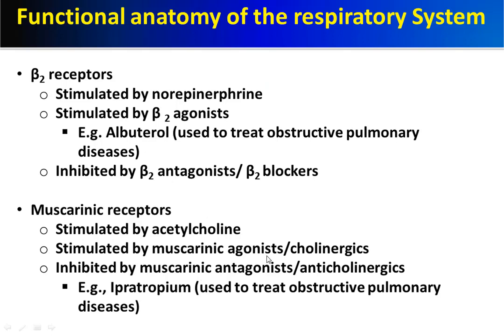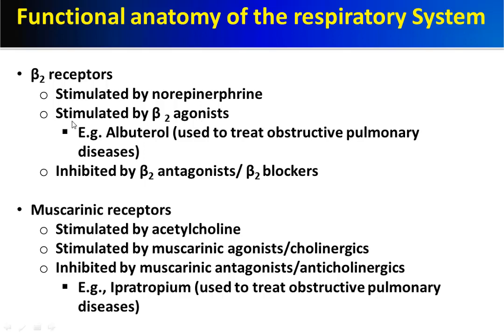The beta-2 receptors in the plasma membrane of the smooth muscle cells in the walls of the airways are stimulated by adrenaline and noradrenaline, epinephrine and norepinephrine, and also by the drugs which act like adrenaline and noradrenaline, which we call beta-2 agonists, for example salbutamol or albuterol.